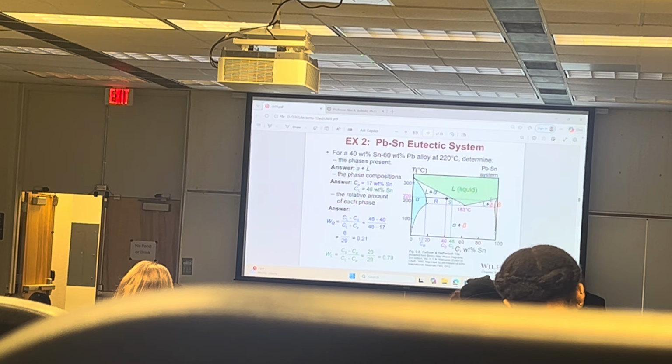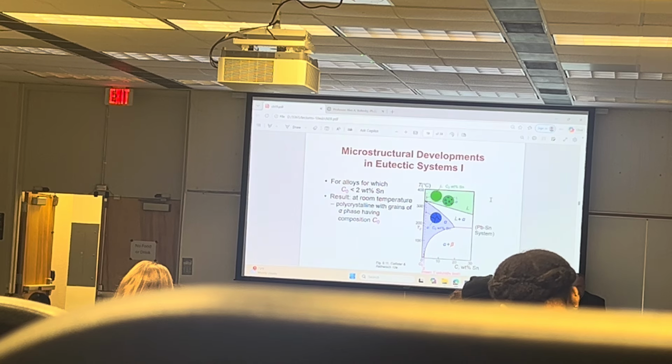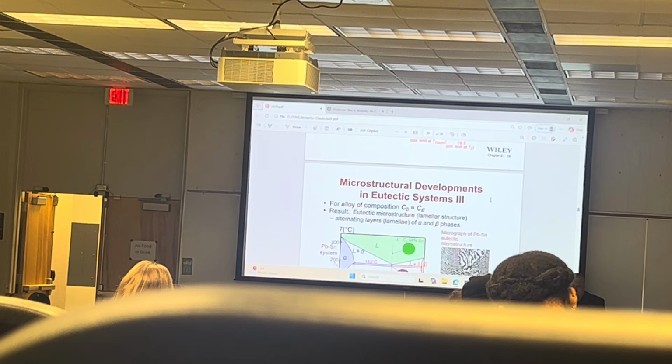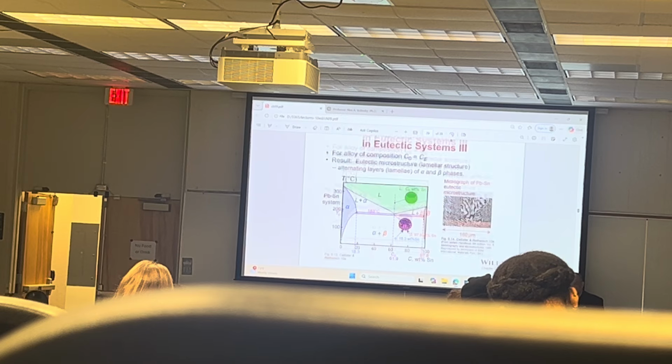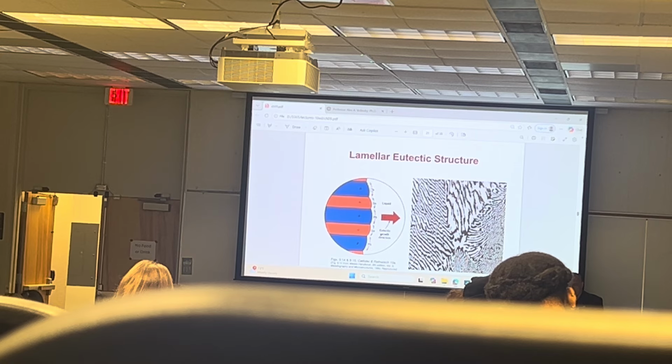And if we look at it more carefully, this is forming what's called a lamella structure. And this is how it works for the lead and tin, where we have the streaks. See that?